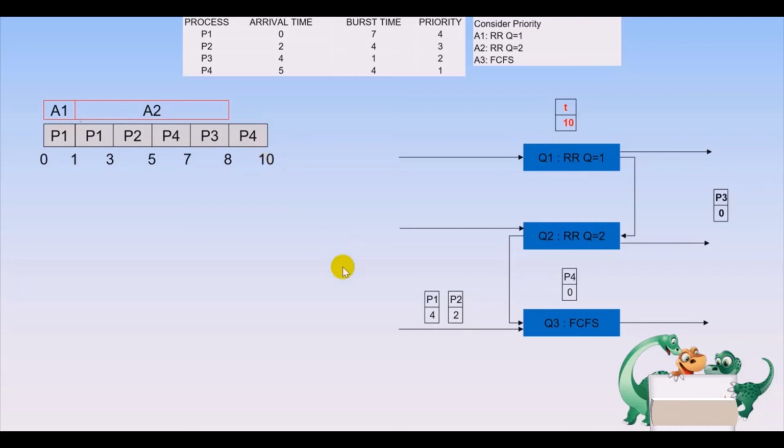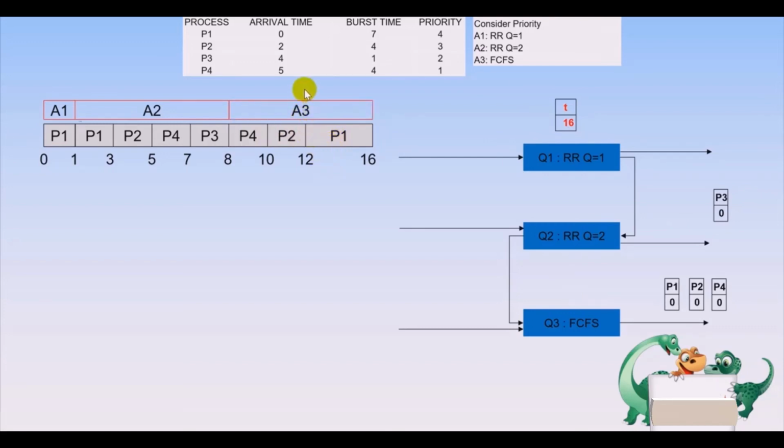We still have P2 on the queue, so after 12 milliseconds, P2 has completed the execution. And the last one would be P1 with 4, so that will end the execution at 16. So this is our Gantt chart. P4, P2, and P1, the remaining burst time was executed on algorithm number 3, or Q3. So this is Q1, Q2, and Q3.